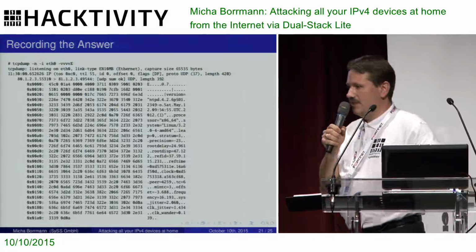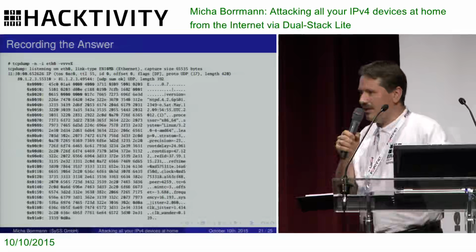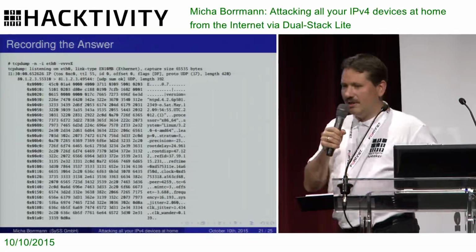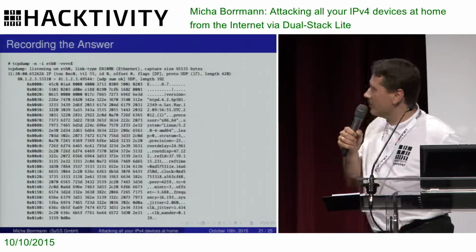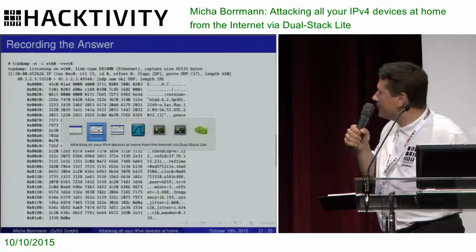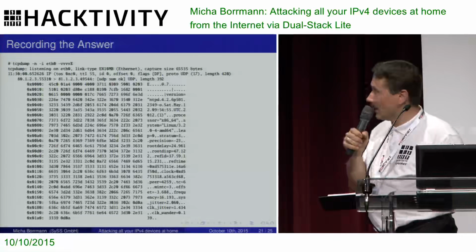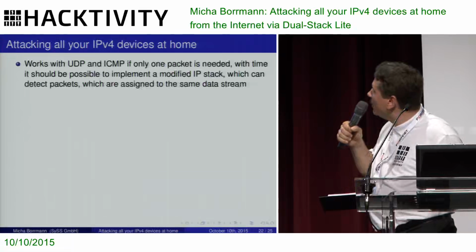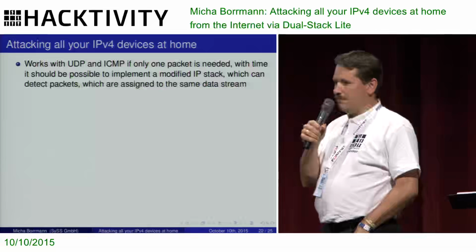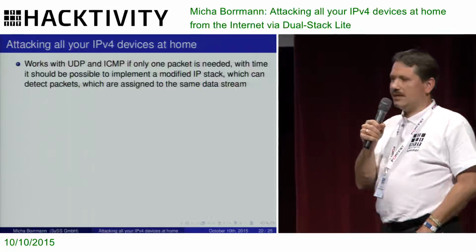And that's a difference. It's a possibility to connect to an IPv4 device with a private IPv4 address in a home network without having port forwarding or anything else. It works with UDP and ICMP. It means you can ping all your devices at home.